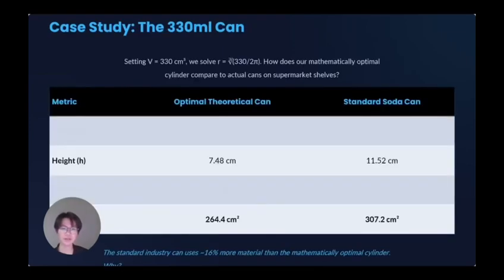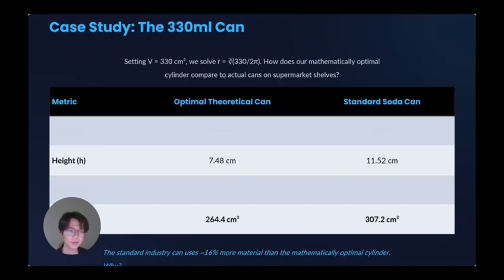Now, let's talk about the exact question. The 330 ml can. We plug our volume V equals 330 into the formula to calculate the exact theoretical size.